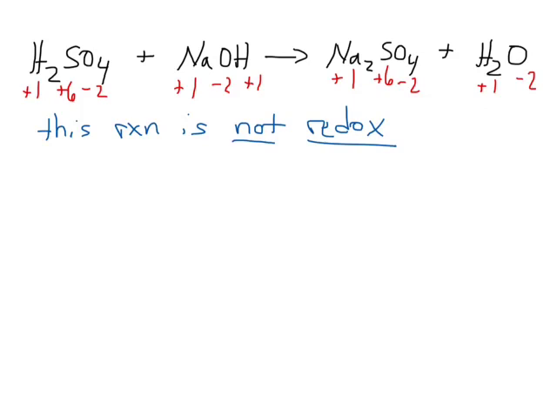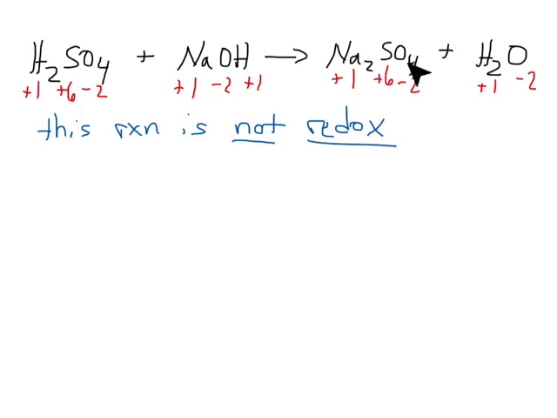Pro tip for you guys, take a look. You'll notice if you see a polyatomic ion and it doesn't change from one side of the reaction to the other, you know its oxidation numbers aren't changing. So SO4 remains SO4. Okay? If I took the time to figure out sulfur here, it's the exact same over here.